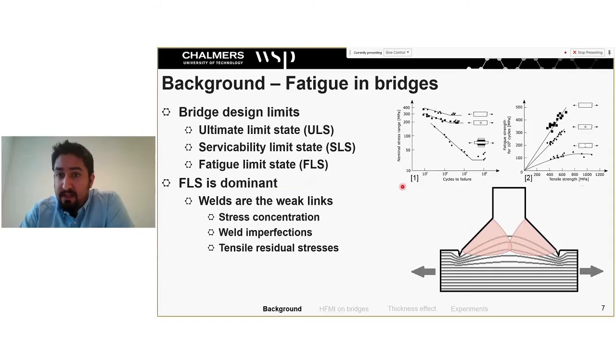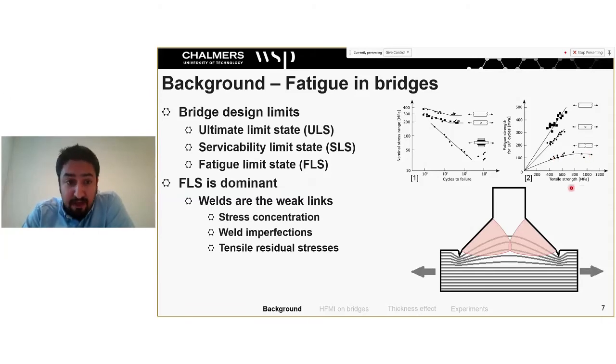And another consequence is what we see here: the fatigue strength on the y-axis and the tensile strength of the material. So what this graph shows is that if you have a sharp notch, as in the case of weldments, you have more or less no influence of material strength on the fatigue strength.